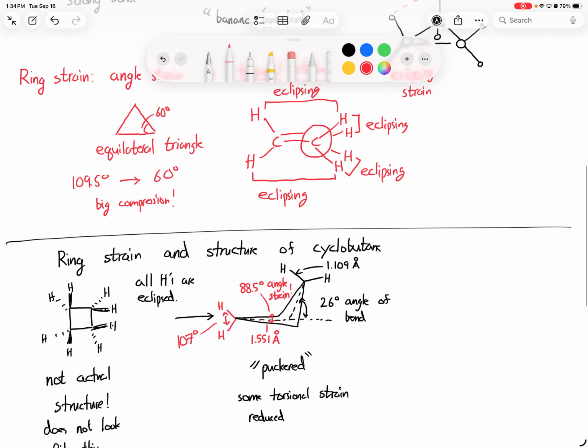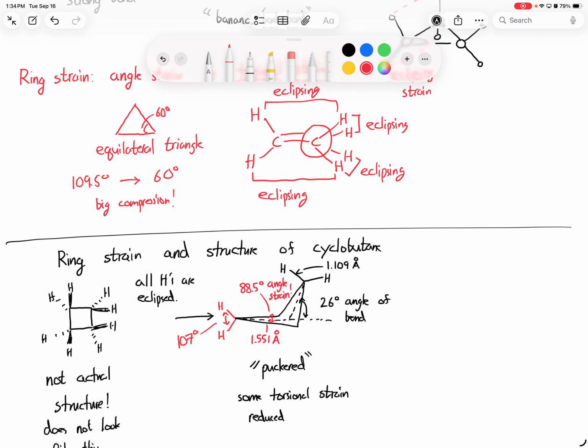So that's the pucker state. Don't worry, you don't have to really reproduce this, but I just want you to realize that this is what it does. It's not square, okay? So you should realize that it adopts a different conformation to reduce strain, okay?